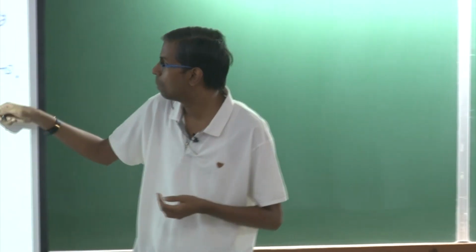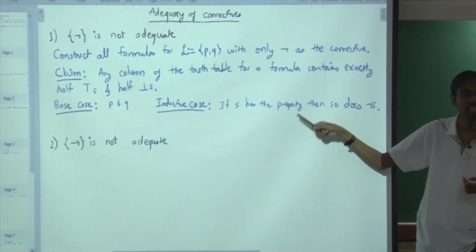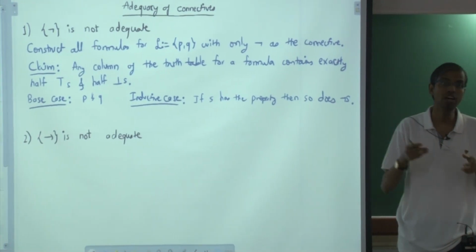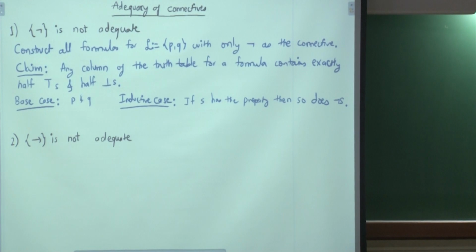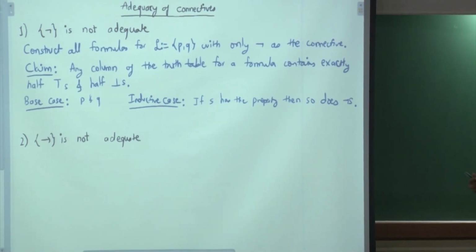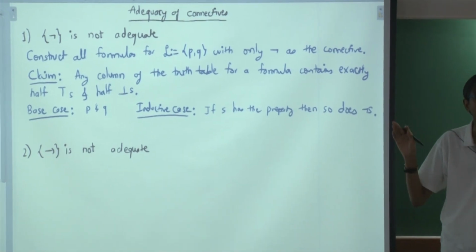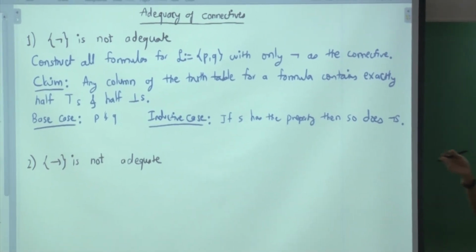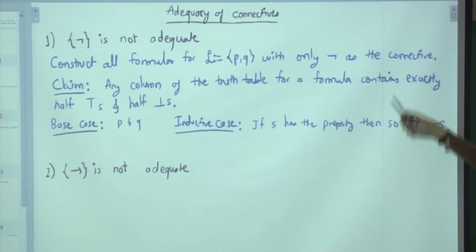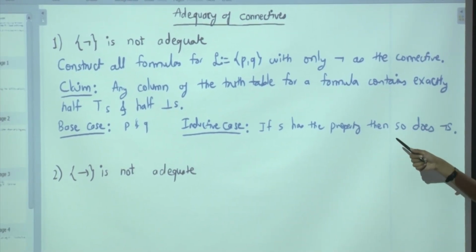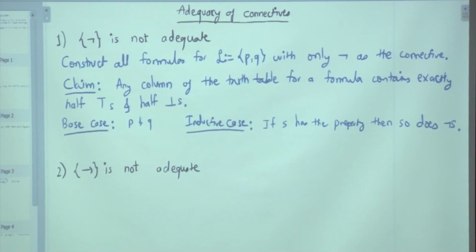Then you can complete the proof that any truth function whose column consists of 3 truths or 3 falses cannot be written using this, or even 4 for that matter. All 4 truths, a tautology or a contradiction, also cannot be expressed using this. Hopefully you got the idea.